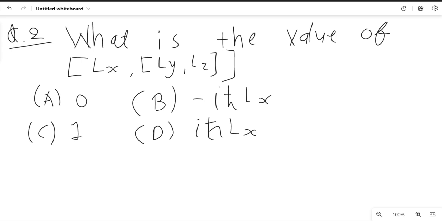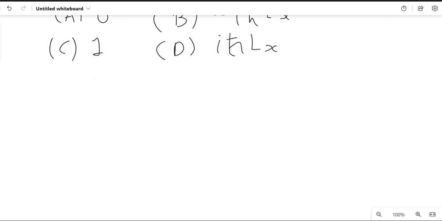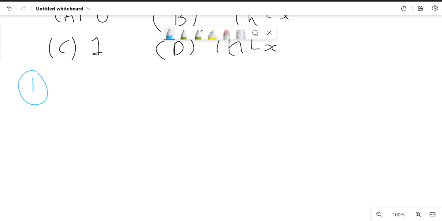Now the next question, this is a very important question from quantum mechanics, from commutation relations. This type of commutation relation is asked several times in the BARC, CSIR NET or GATE examination for the physics discipline. So you should remember a few commutation relations. First, the commutation relation of Lx, Ly gives i h cut Lz.